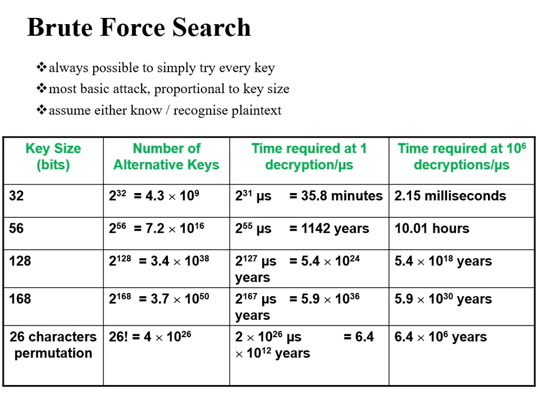So here the key size is 32, which means 2 power 32, which gives 4.3 into 10 power 9 alternative keys. They also mention the time required at one decryption per microsecond. Similarly, the time required at 10 power 6 decryptions per microsecond is very small, 2.15 milliseconds.